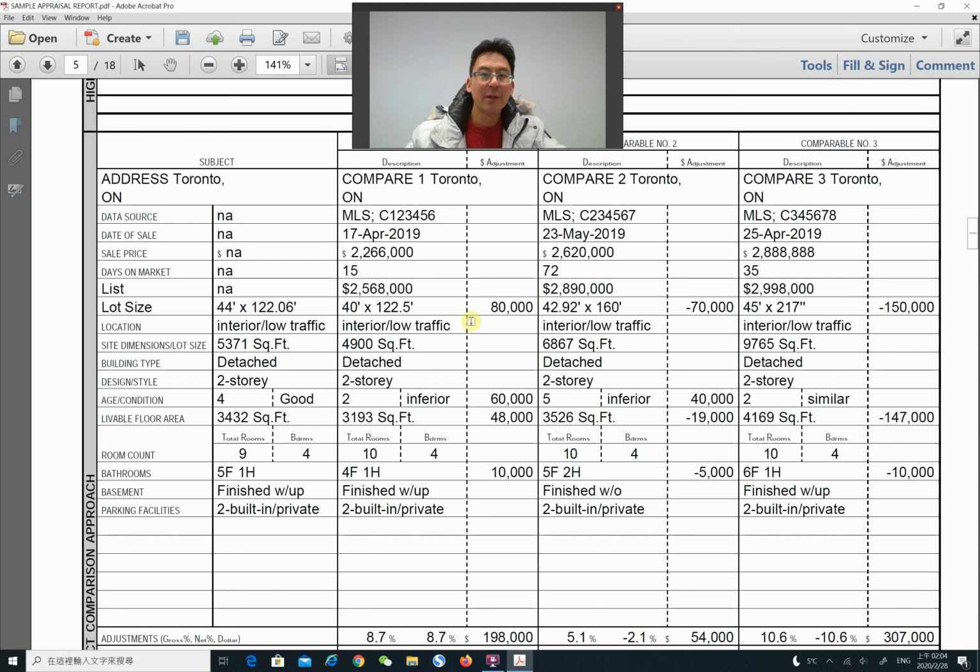Okay, so 40 feet lot compared to 44 feet lot, the appraiser gives them an $80,000 value. The condition is good for the subject, for our client, and this is inferior. So because the condition is inferior, we should add another $60,000 here, right?